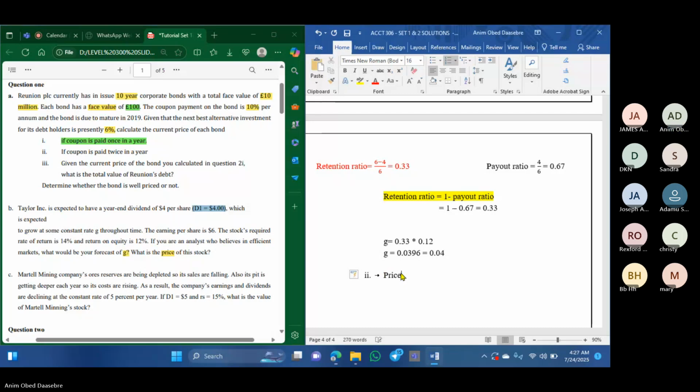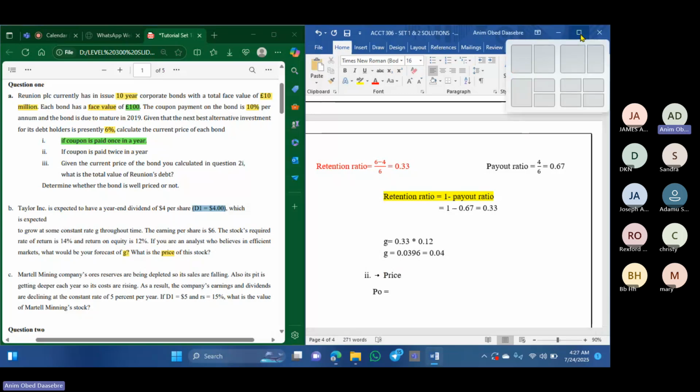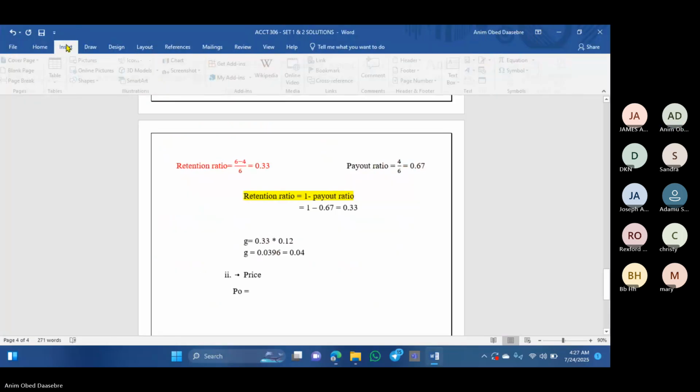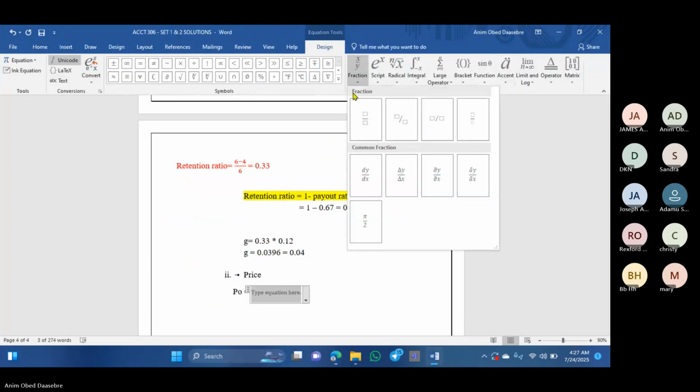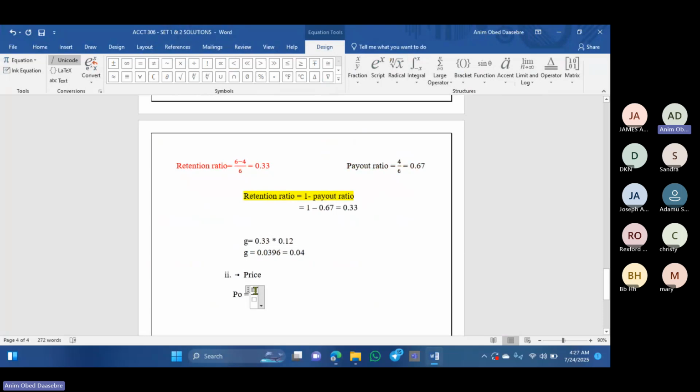The price of the bond, P0, equals... we are going to use the growth approach.